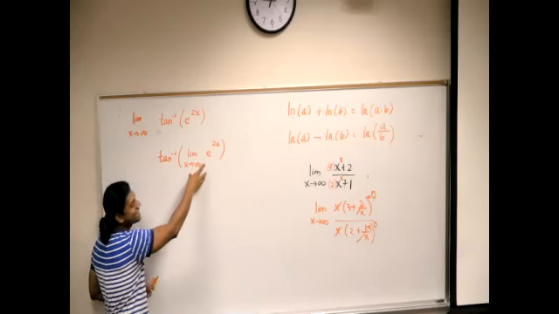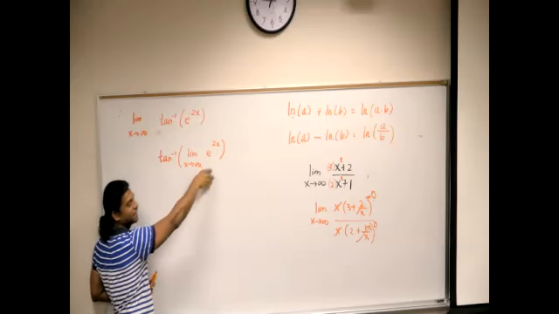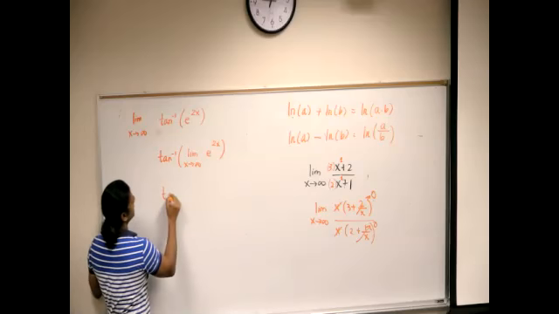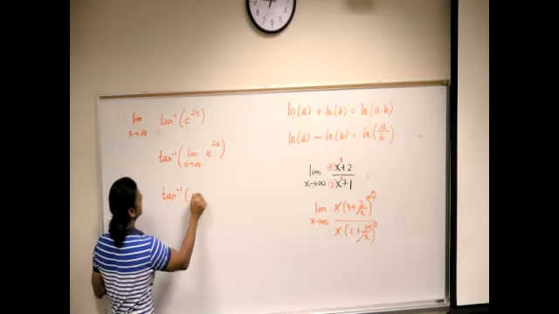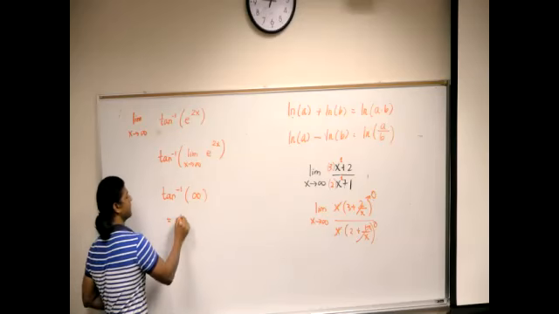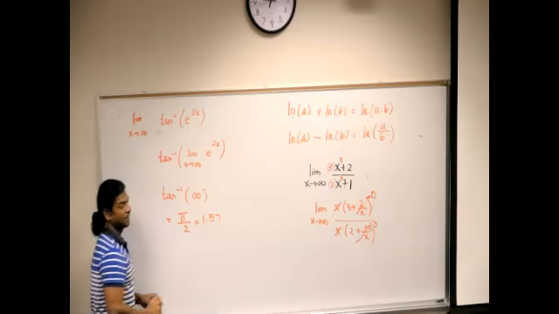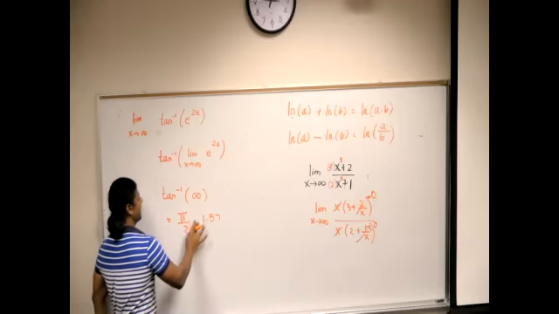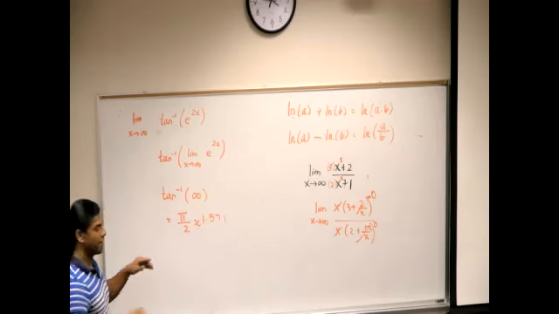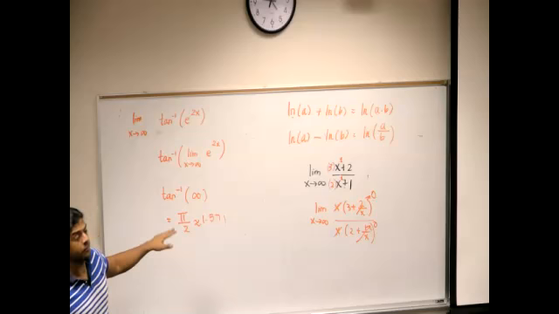It's a growth function. Infinity. So you would have tangent inverse of infinity. This would happen at the value of pi over 2, which is approximately 1.57. If you look at the graph, it will start climbing and eventually it will plateau at that value of 1.57.